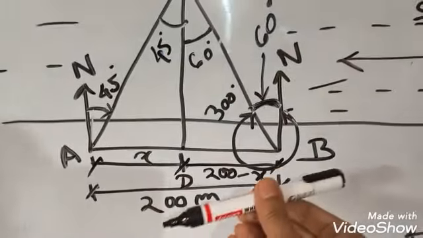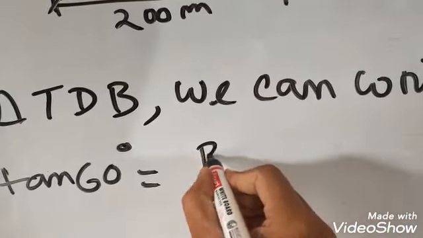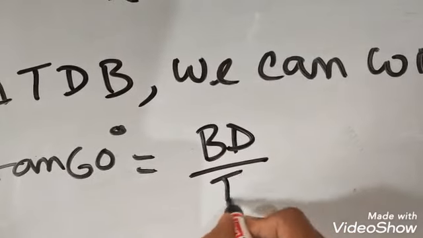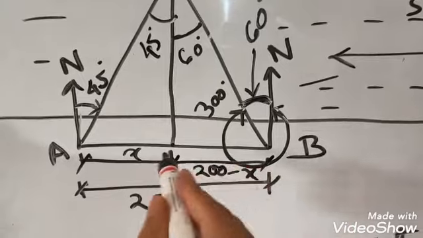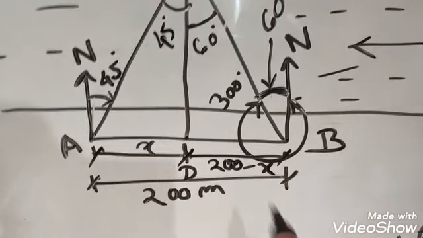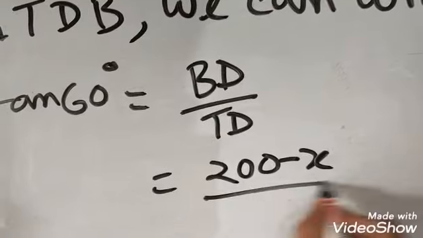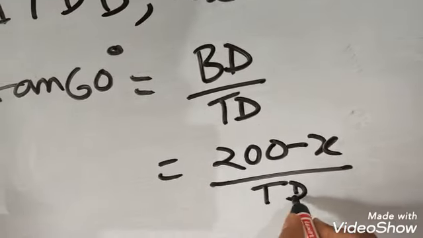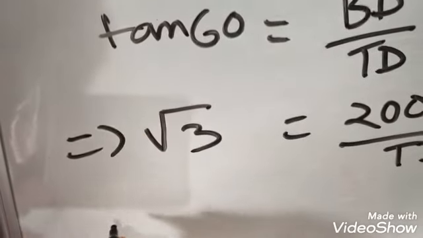So tan 60 degrees is equal to BD by TD. Now what is BD? From this figure we can easily find that BD is equal to 200 minus x. So 200 minus x divided by TD. And tan 60 is nothing but root 3.